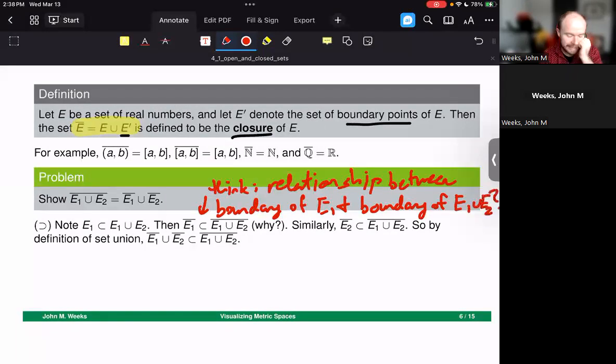Is there some relationship here that might help me say that the E prime values in E1 are contained within the E1 union E2 prime values? I want you to consider that using some of your set notation and get some practice with our metric balls there. Similarly, we could say the same thing if just E2 is inside of there. So by definition of set union, we get the inclusion that we were looking for.